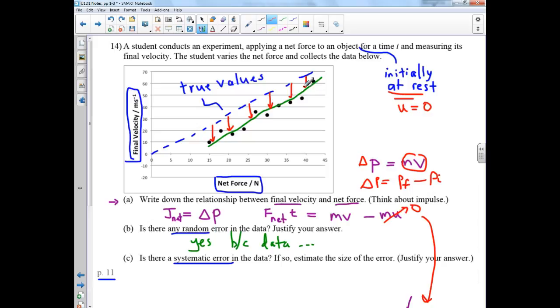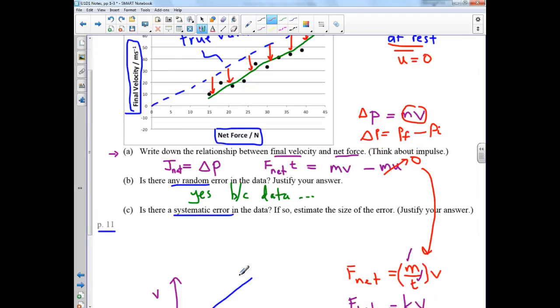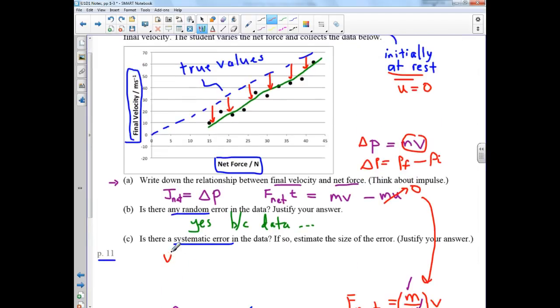Every single data point has been impacted with some negative, we've subtracted off something from each data point, causing them to be lower. So yes, there is systematic error, because every measurement of final velocity has been shifted down from where it should be.